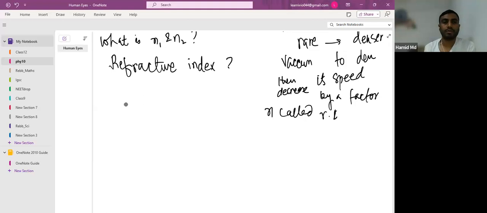So when you take c over v, it will give you n. So c is n into v. This is the refractive index.